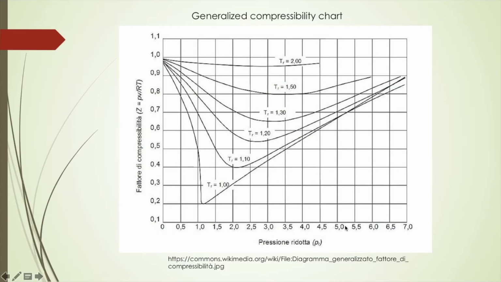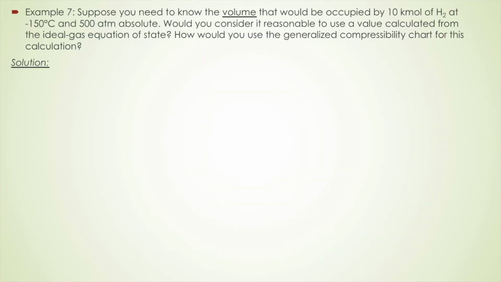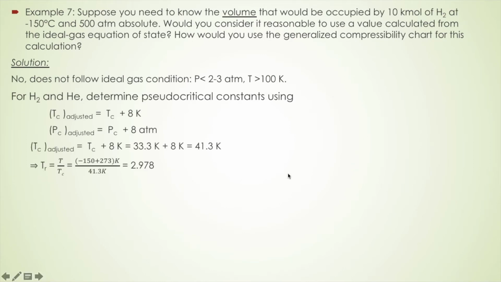Once you find 24 on the P sub R axis, from there you go up until you meet a solid line. The T sub R we calculated is 2.9, close to 3, so you look for the 3.00 line.